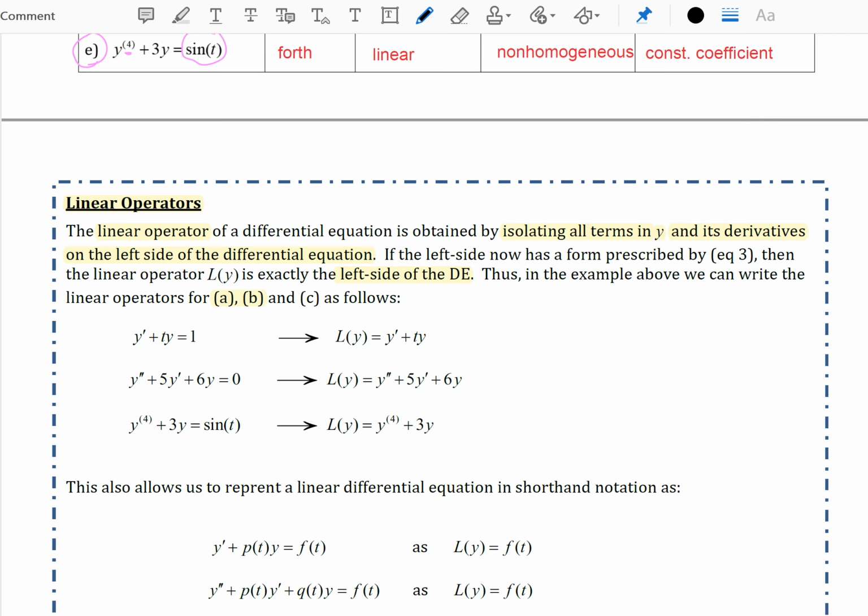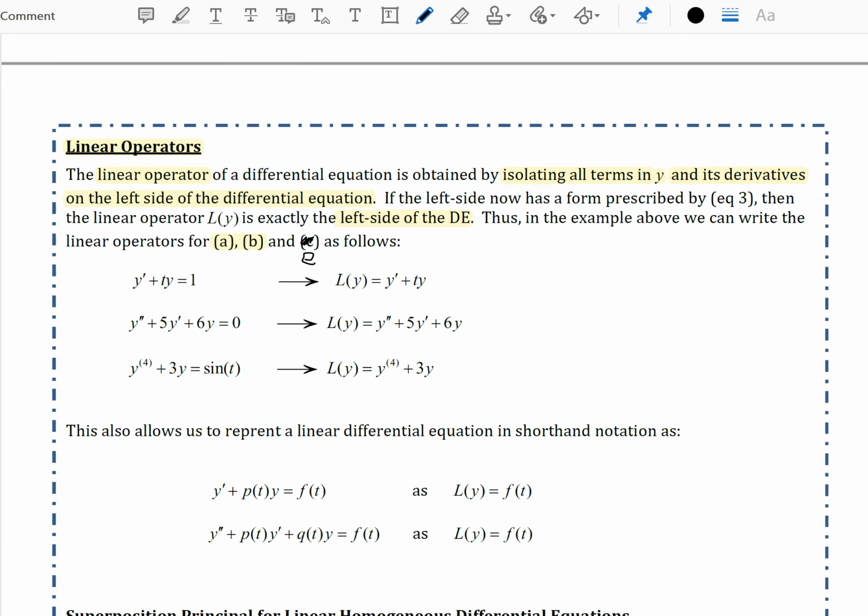This should not say C. This should say E. So for our linear differential equations, A in our previous page was this one. I have all of the terms containing y on the left-hand side. That makes this the linear operator. So the linear operator is L of y is y prime plus ty.